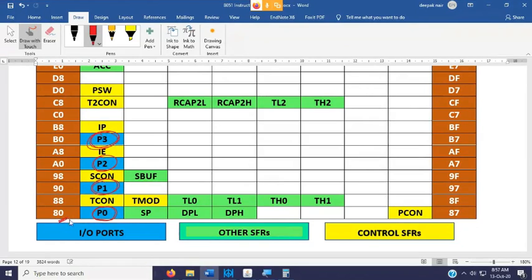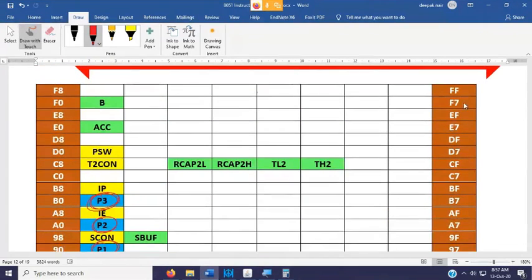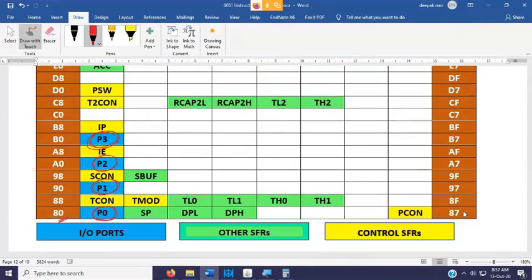Port 0 starts from 80. And remember, all these SFRs range from 80 to FF. So the locations 80 to FF are restricted; we shall not be using these locations, even the vacant ones. Special function registers range from 80 to FF.